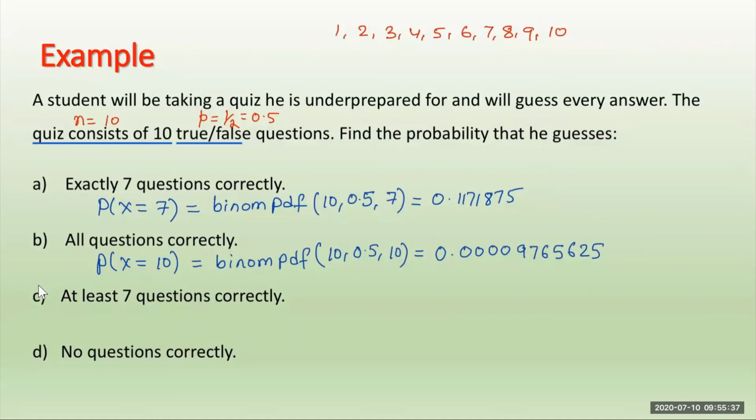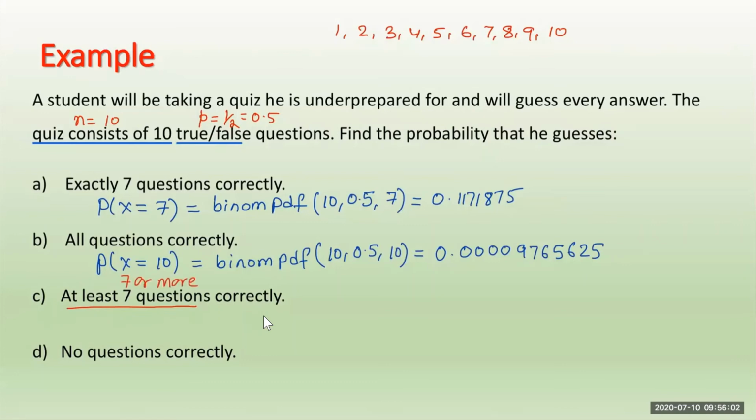Now C. In C, we have to find the probability of at least 7 questions correctly. So now we need to know the meaning of at least. What is the meaning of at least? Who can tell me? At least 7. 7 or less. 7 or more.